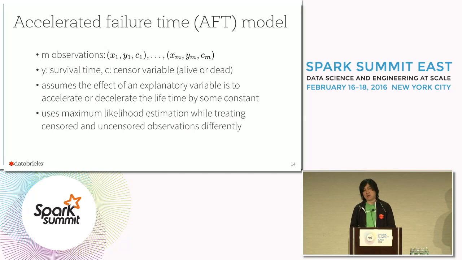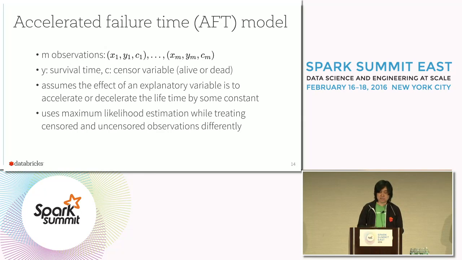There's an extra column, C, that indicates whether the subject you observed is still alive or already dead. If it is already dead, then the lifetime is the true lifetime. If the subject is still alive, that means the lifetime must be greater than the observed lifetime. So that's an additional column in your input.